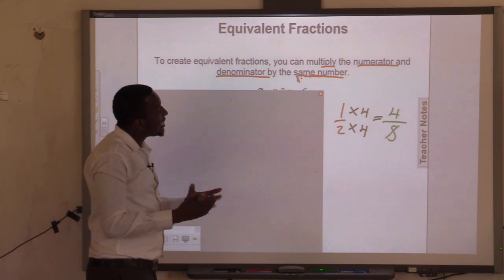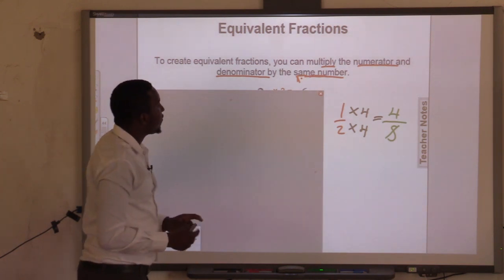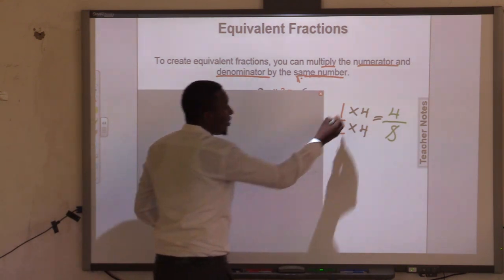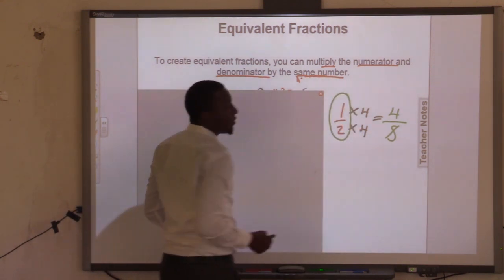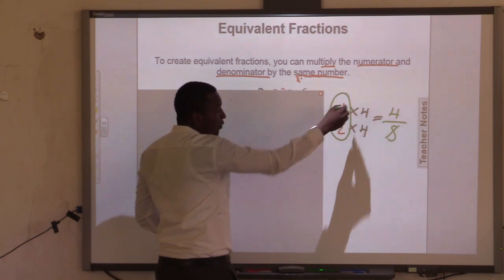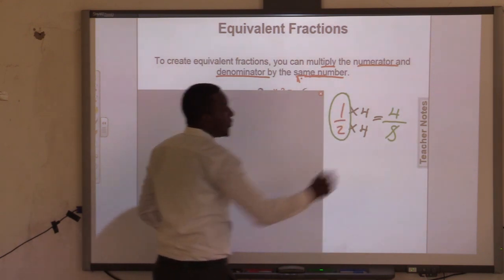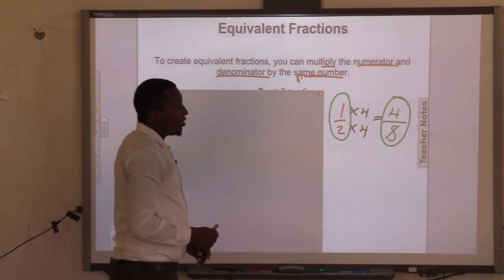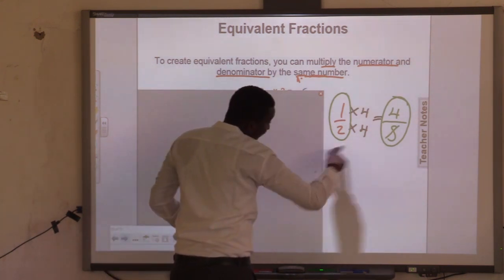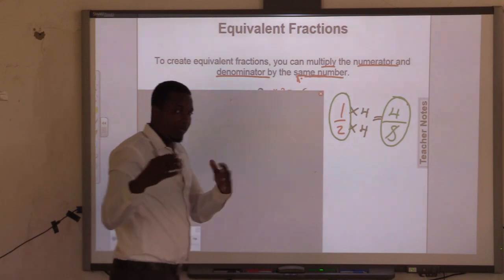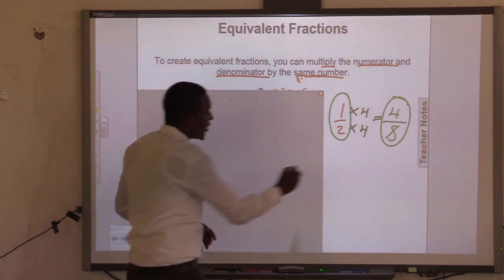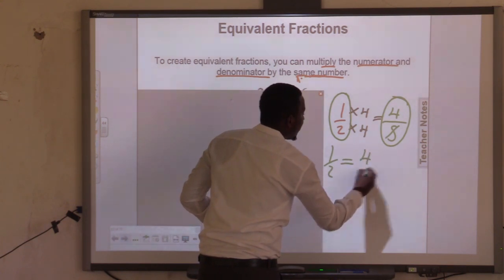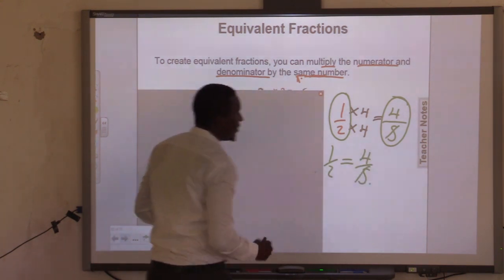So we have created another fraction that is equivalent to the fraction that we have previously, that is half. We multiply both the numerator and the denominator, and we have 4 over 8. So these two fractions, half and 4 over 8, are equivalent. That is, 1 over 2 is equivalent to 4 all over 8.